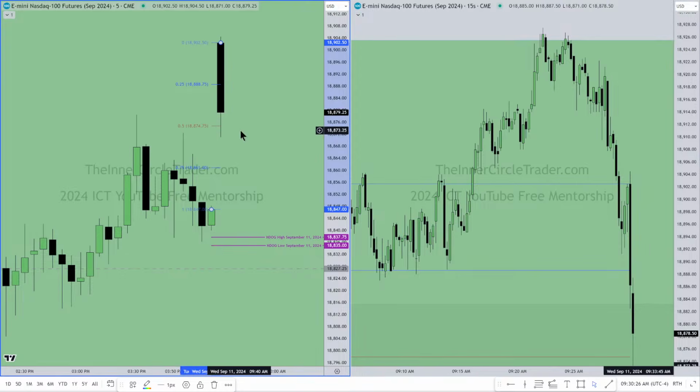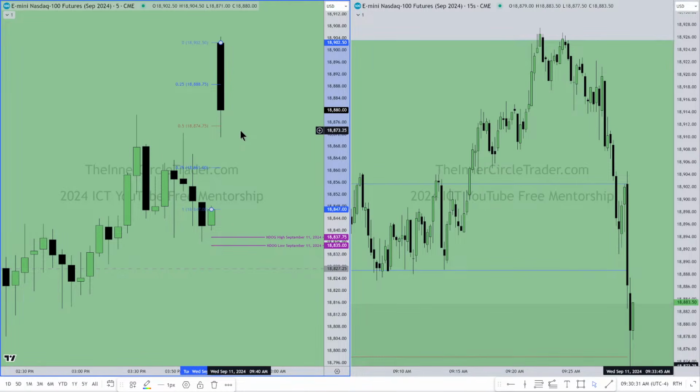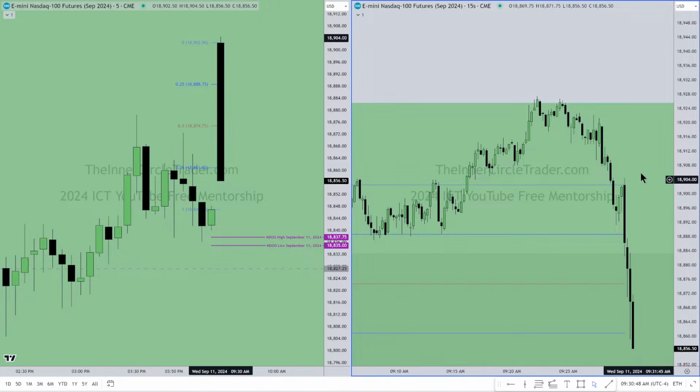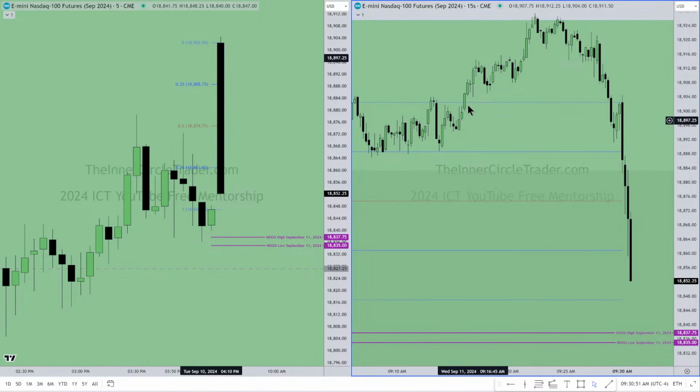Half the gap's already traded to. And there's that gap I was telling you, use it for inversion in here.